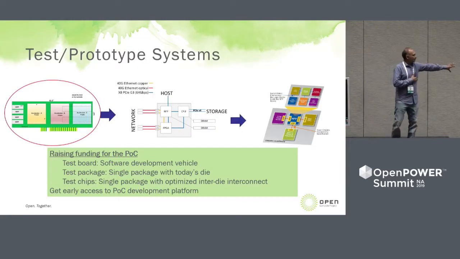Currently, this is where we are. We're trying to build a test board with 3 accelerators, 3 chiplets. And the idea is that this board serves as a software development platform. These boards today are based on existing die: one from my company, Netronome, a 16-core RISC CPU from NXP, and an FPGA from Economies.